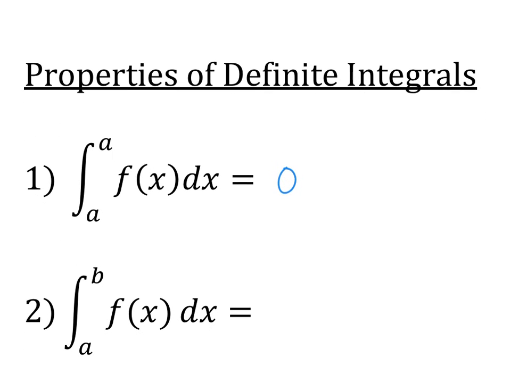That's the first property. Second property, this is just showing you. So this is just the integral. It's equal to if I were to switch the limit. So the lower bound and the upper bound. If I were to switch it, so it's b to a instead of a to b, and then I left everything the same.